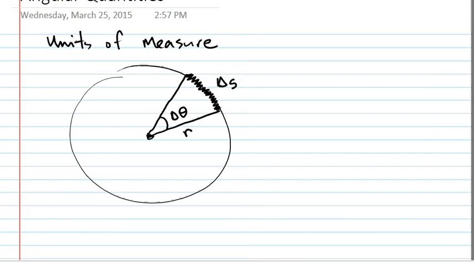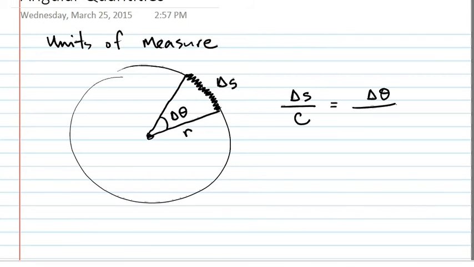And if we're using degrees, well, if we look at the delta s and compare it to the entire circumference of the circle, that's going to be in the same proportion as the central angle compared to the angle measure going all the way around the circle.